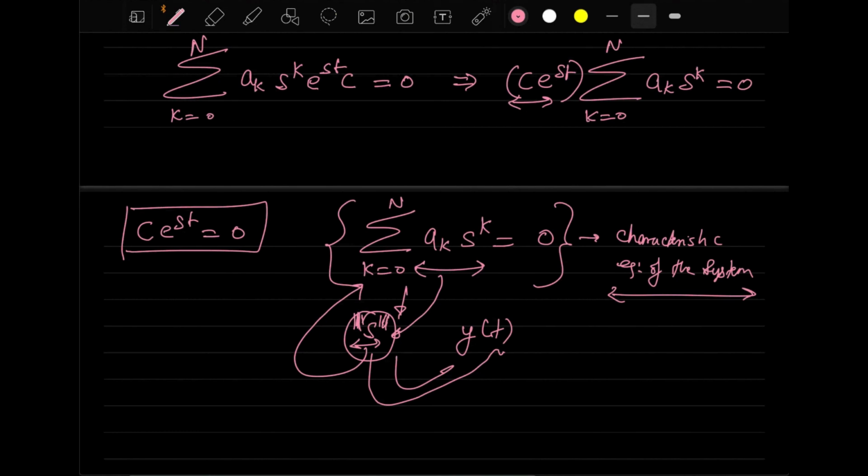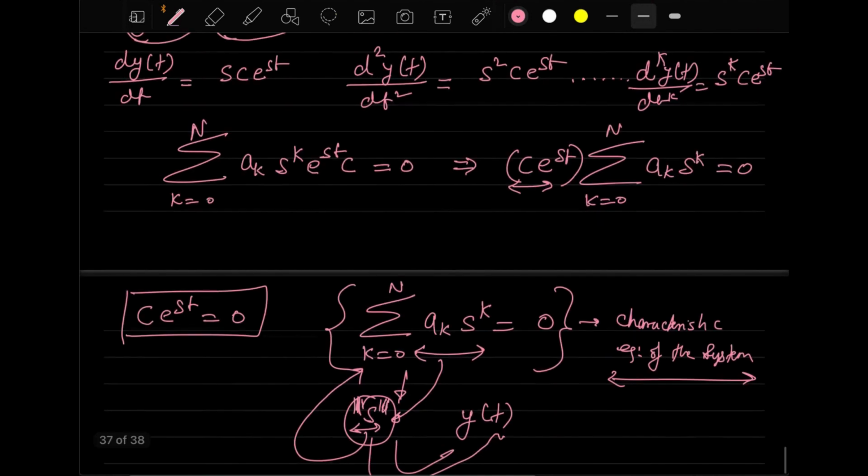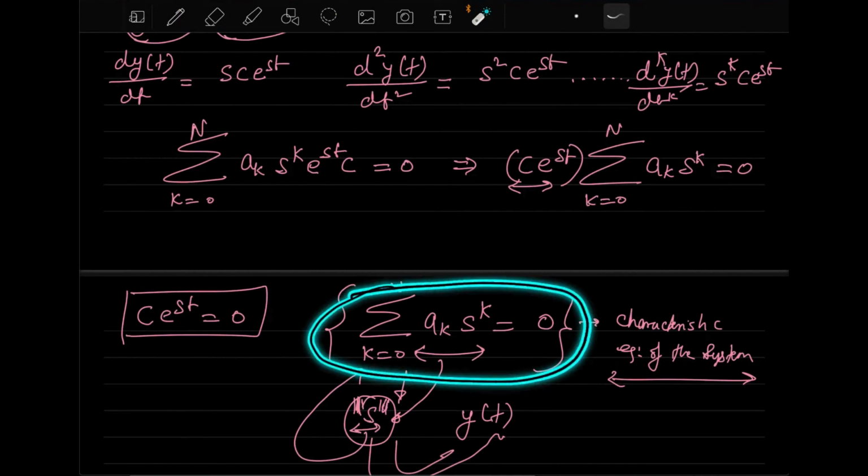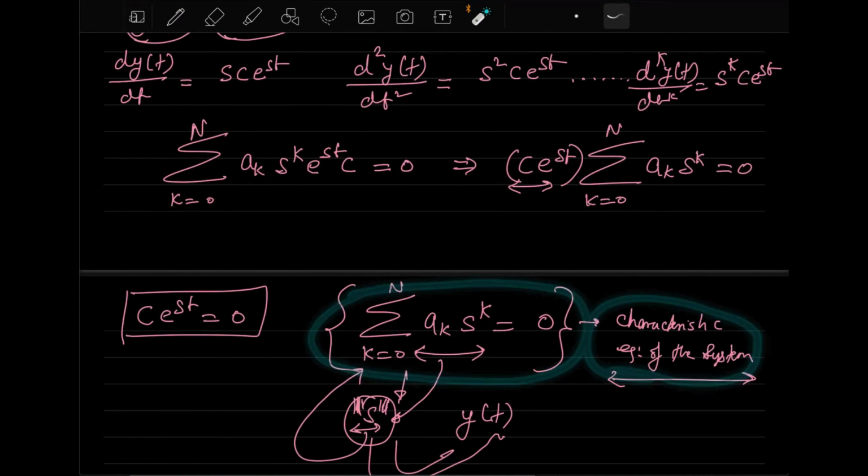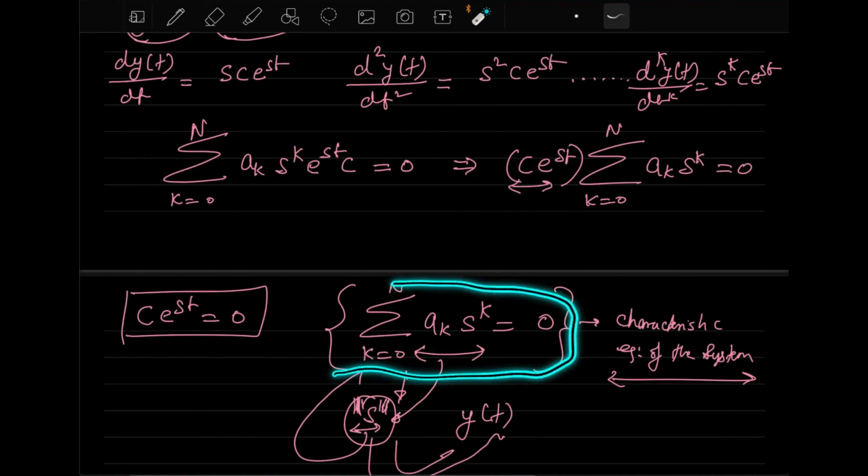The important point to note here is that this particular thing is called the characteristic equation of the system. So you have to solve this to get the solution yt out. If you have any questions, let me know. Otherwise, I will close this class today.